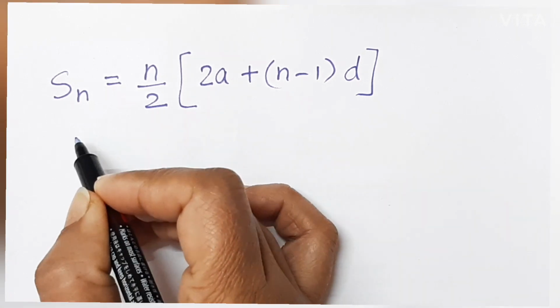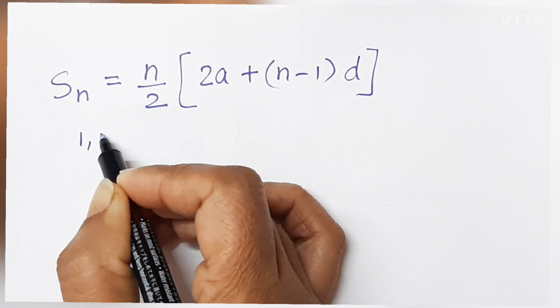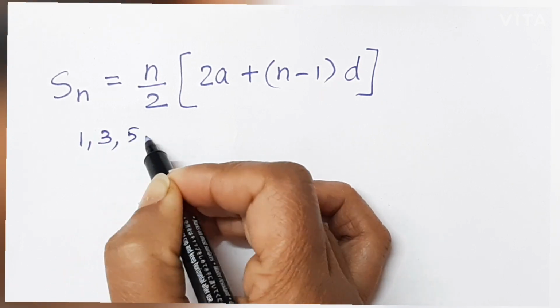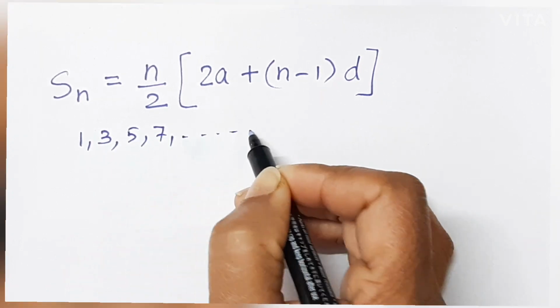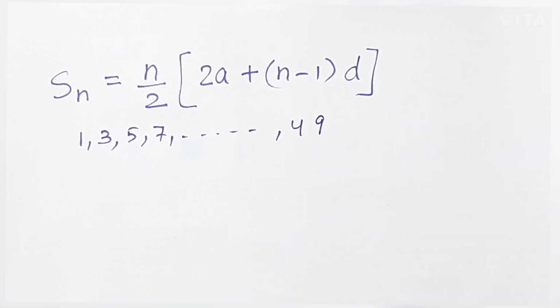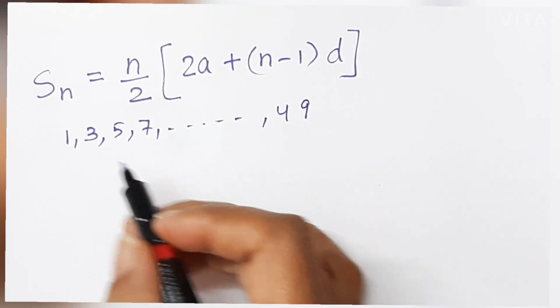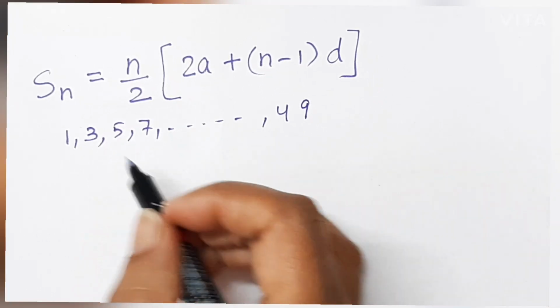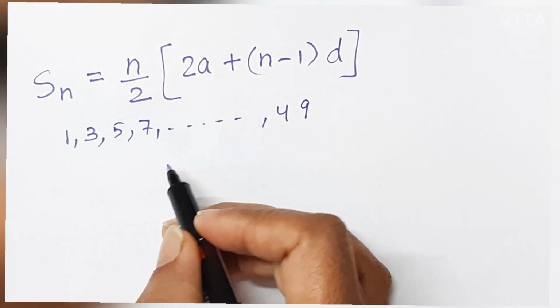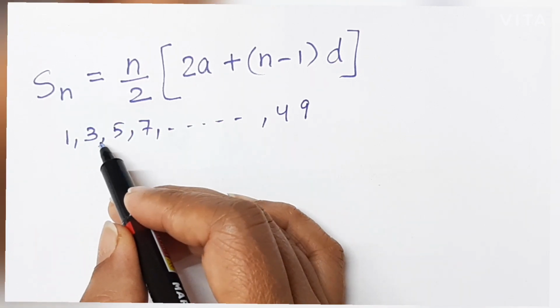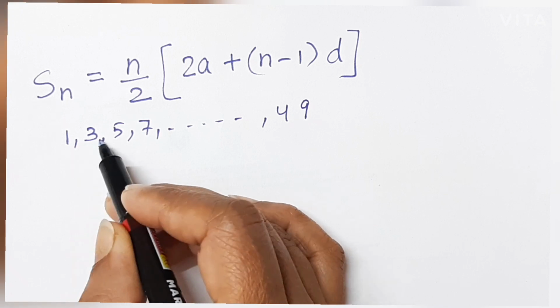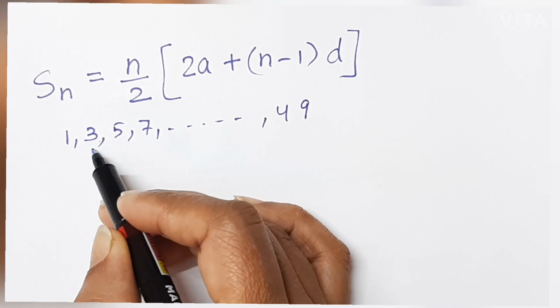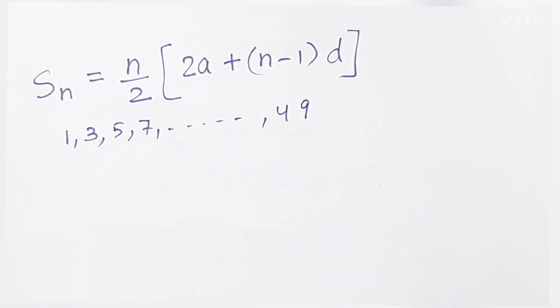See, the given series is 1, 3, 5, 7 till 49. So, here, what is a? a is 1. Clear? And what is d? d is 3 minus 1, which is equal to 2.